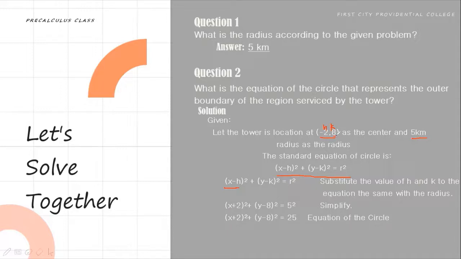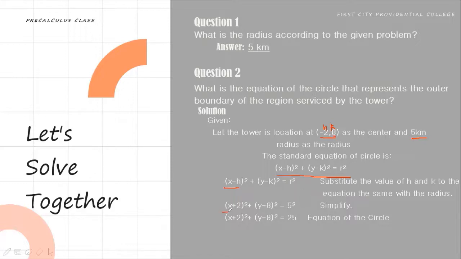If the given is positive, then we will just copy the subtraction, or the minus. Again, if the given is negative, then our operation is addition. If the given is positive, we will just copy the minus sign.